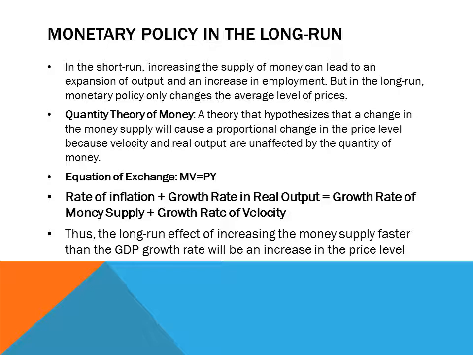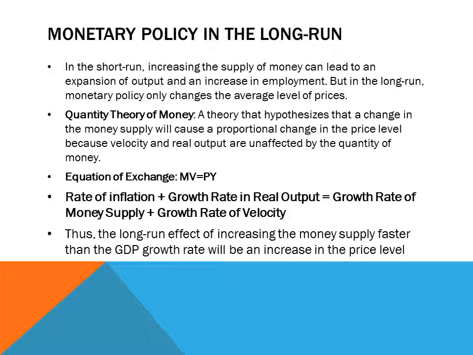This is known as the quantity theory of money, which is a theory that hypothesizes that a change in the money supply will cause a proportional change in the price level because the velocity of money and real output are unaffected by the quantity of money. And velocity is the average number of times that a dollar changes hands to purchase final goods and services.